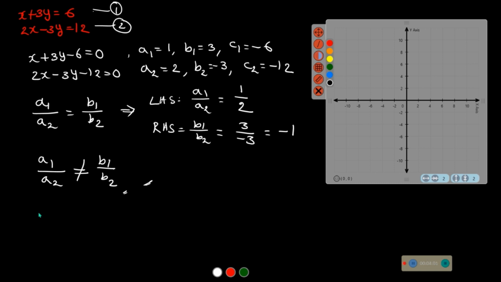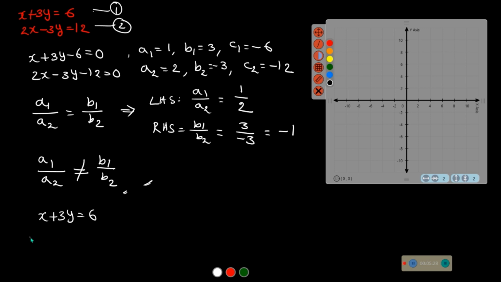While solving, we need to identify two points in the graph and join them for the linear equations. Let us take the first equation, x plus 3y is equal to 6. We need two points to draw a straight line. So we put in two numbers for x and locate those points in the graph. You can take any points.